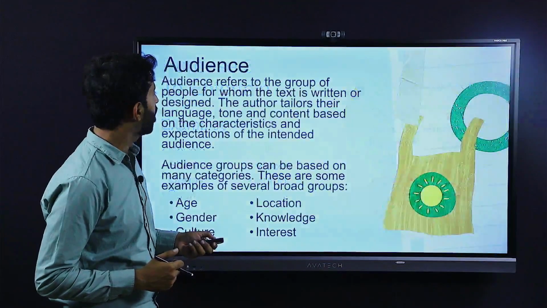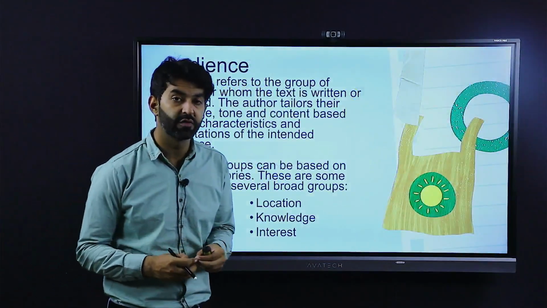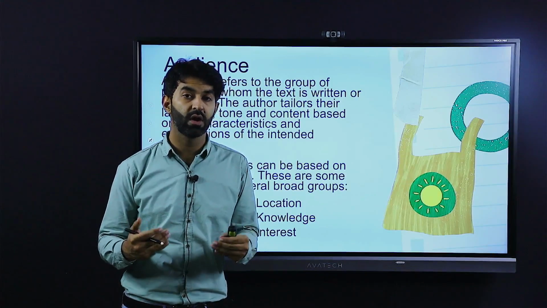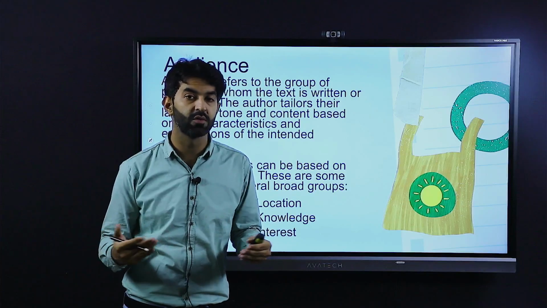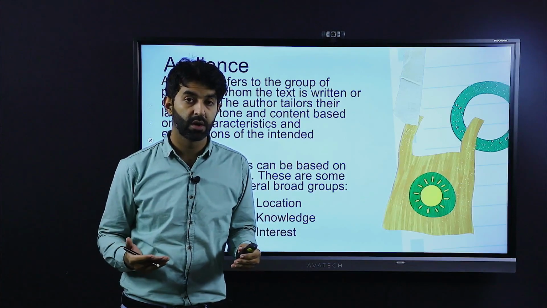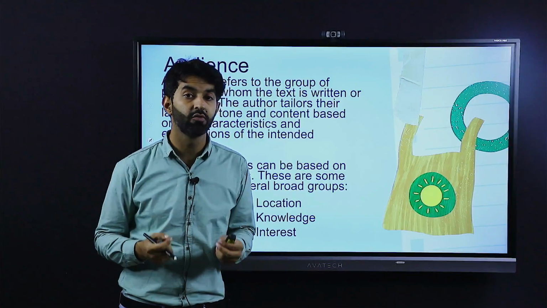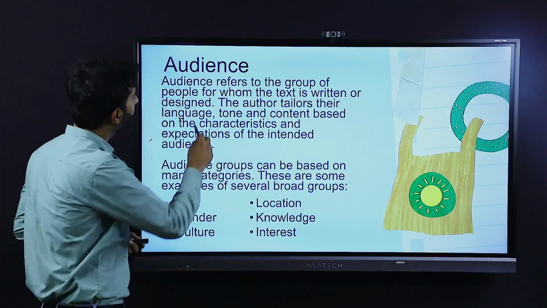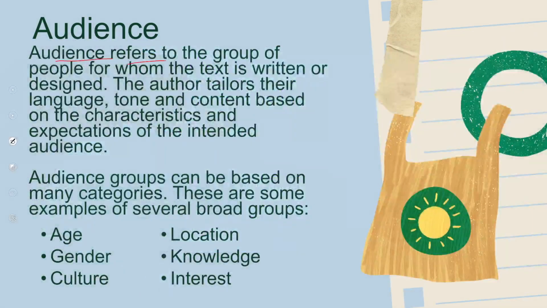Now moving on, let's talk about audience, the readers who are consuming the text or those other mediums. The base is actually the written work. So audience or readers refers to the group of people for whom the text is written or designed.